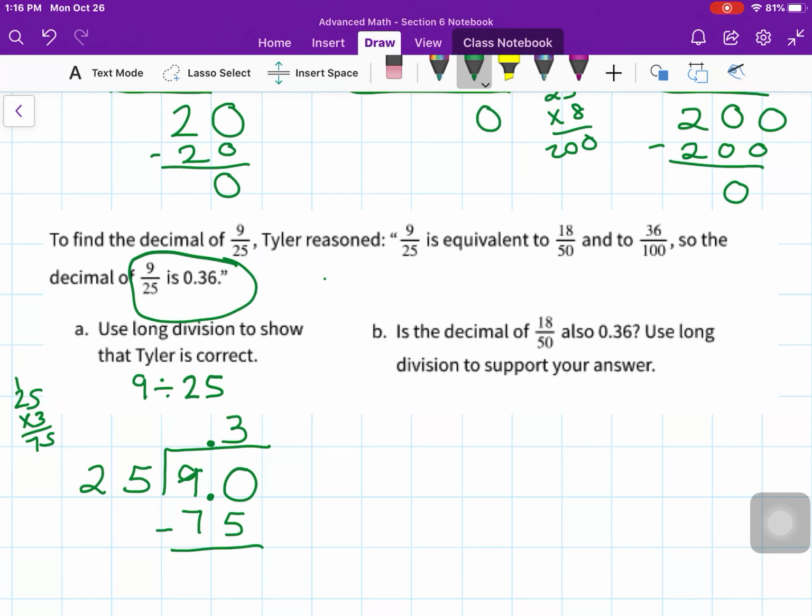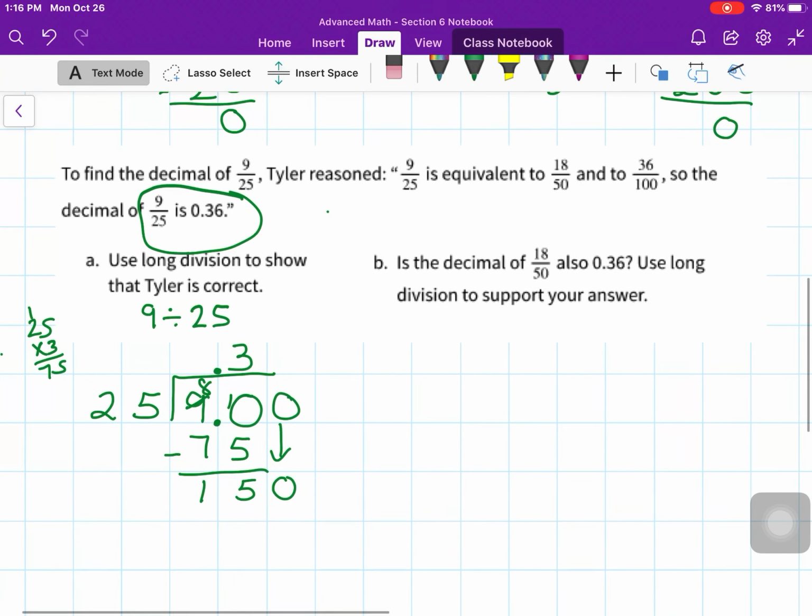And 90 minus 75 is 15. And then 15 is smaller than 25. I've checked that. I need to bring down another 0 because I'm not done yet. And again, I'm looking at 25, how many quarters out of $1.50?